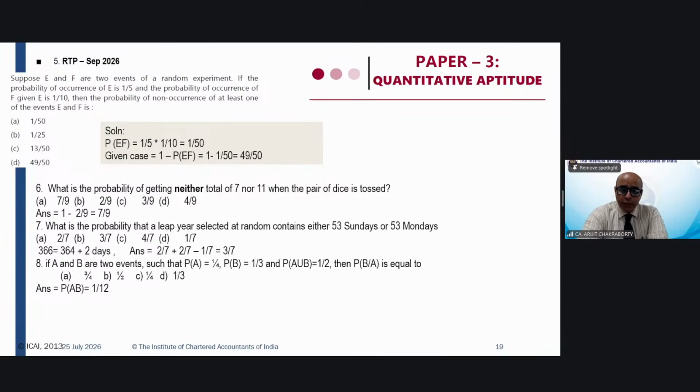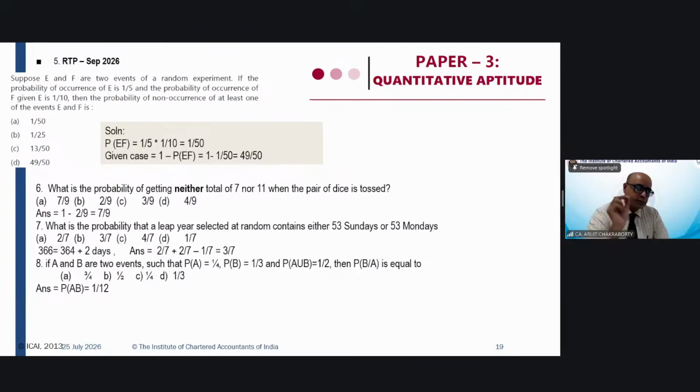We know P(A union B) is equal to P(A) plus P(B) minus P(A and B). P(A union B) we are given, it is 1 by 2.